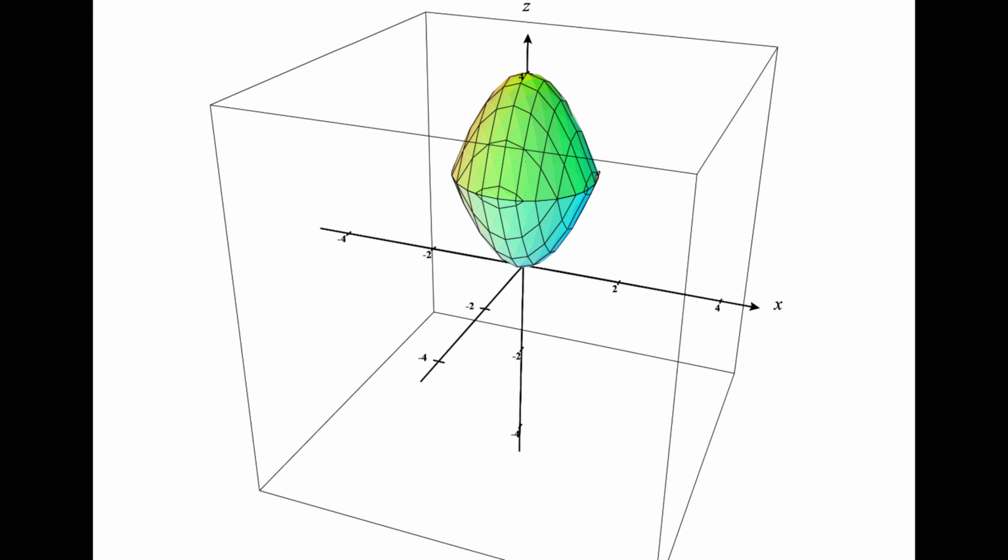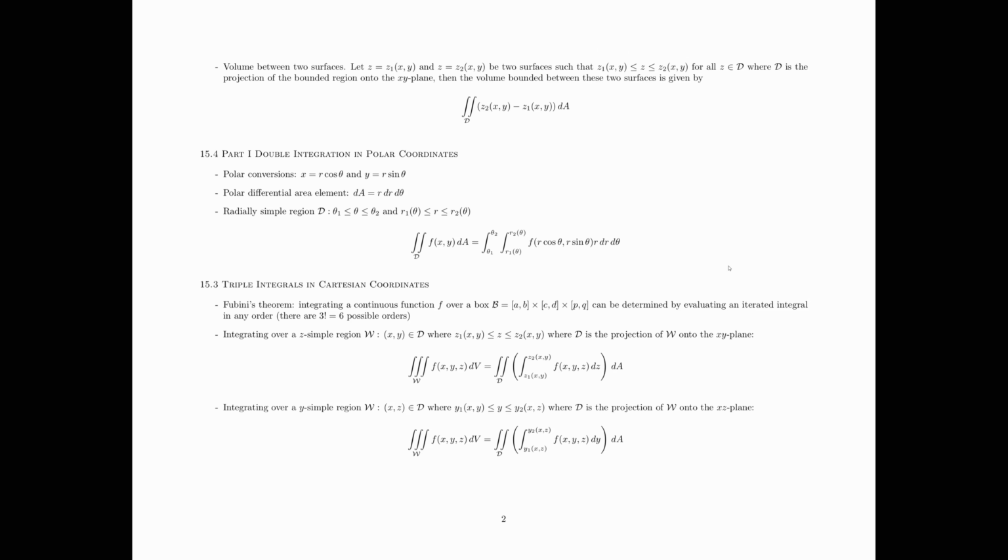So looking back at what we have here in the overview, once you know which surface is above which, and a very similar idea to what you've done in Calc 2 for finding the area between two curves, you identify the top curve and the bottom curve, and then you do top minus bottom. Well, same thing here. Identify the top and bottom surface, do top surface minus bottom surface.